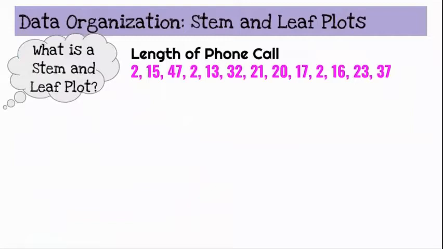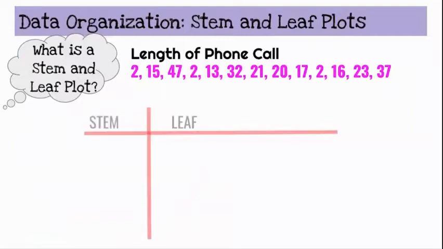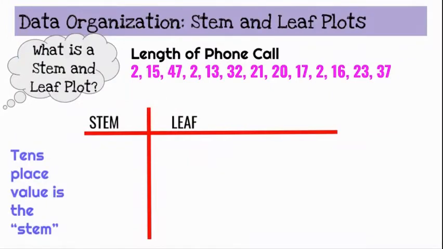So I need to organize this data quickly so that it makes the most sense. So what I'm going to do is create a stem and leaf plot. And stem and leaf plots look a little like this. They look like T-charts. Stems, that left side, are the tens place value of your numbers. When you get into hundreds or even higher numbers than that, your stem changes a little bit.